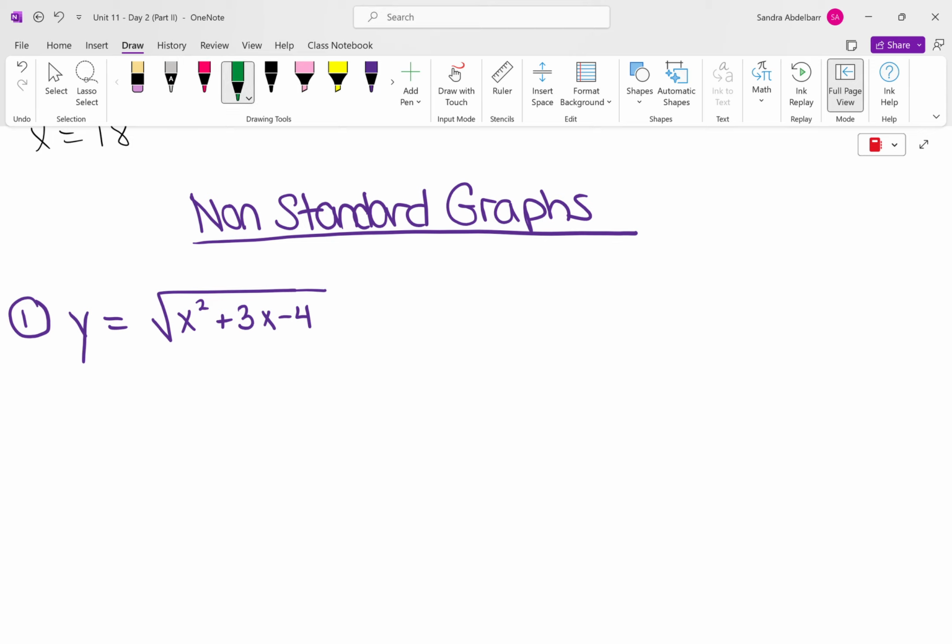Why? If it were, it would have to be in the format of y equals a times the root of x minus h plus k. And this radicand is definitely not x minus h. This is a quadratic. So this is why it's called a non-standard graph. It's not just our shooting star that we're shifting. It's going to be a special case.